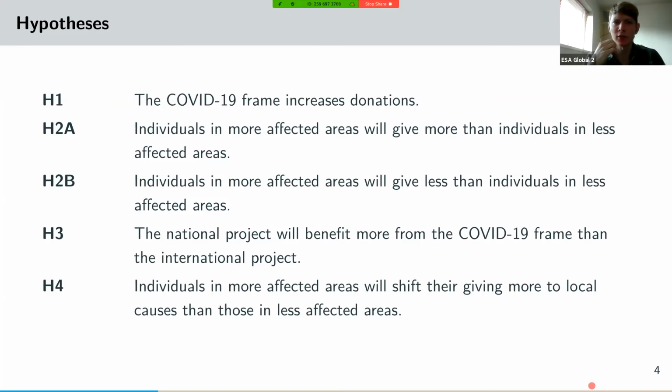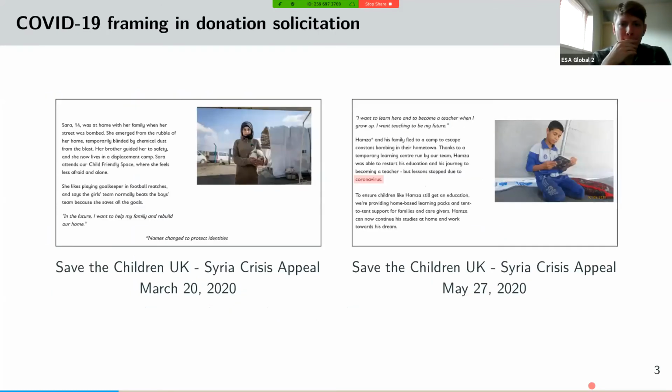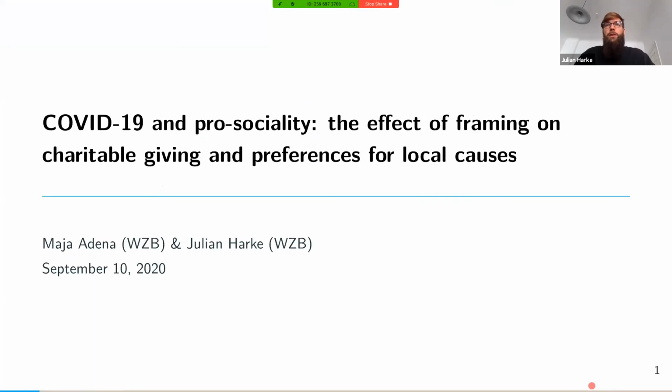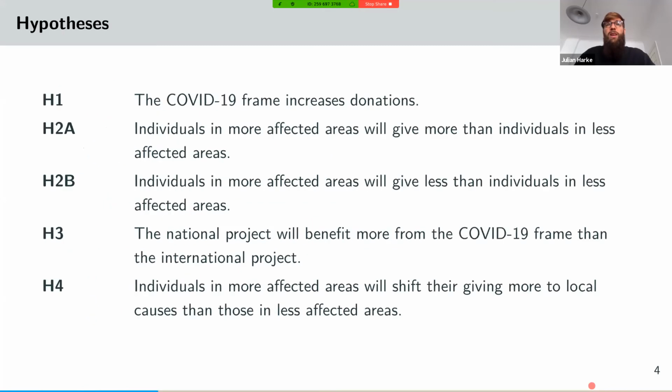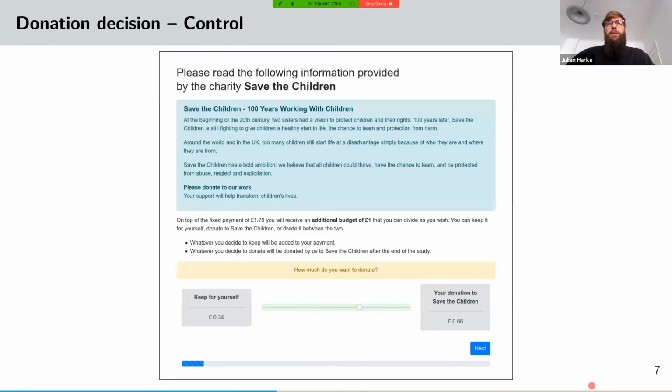What was the original framing then? Was it just without framing, or did it say globally or locally, or was it just a general, you can donate? No, the original framing was just saying, hey, Save the Children is doing work.